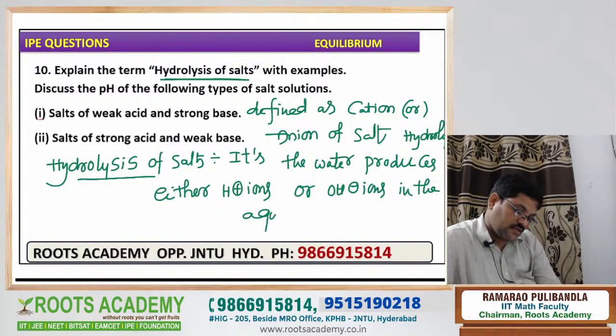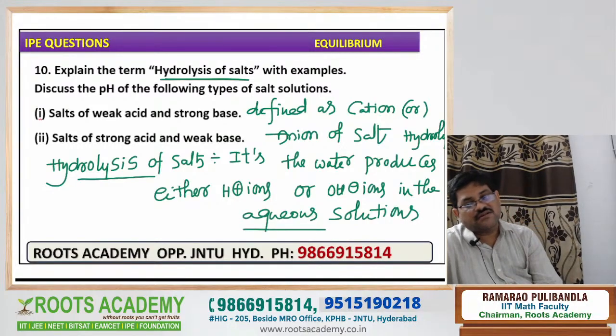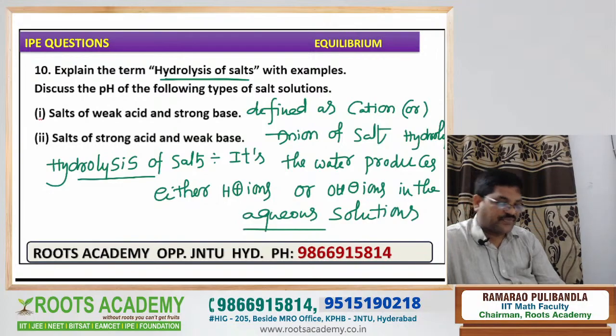Repeat the statement once again, students. Hydrolysis of salt is defined as the cation or anion of the salt hydrolyzing the water, which produces either H plus ions or OH minus ions in the aqueous solution. That is the meaning of hydrolysis of the salt.